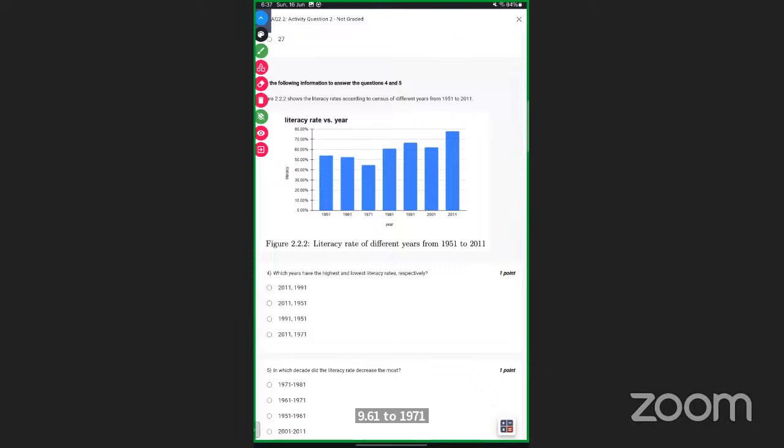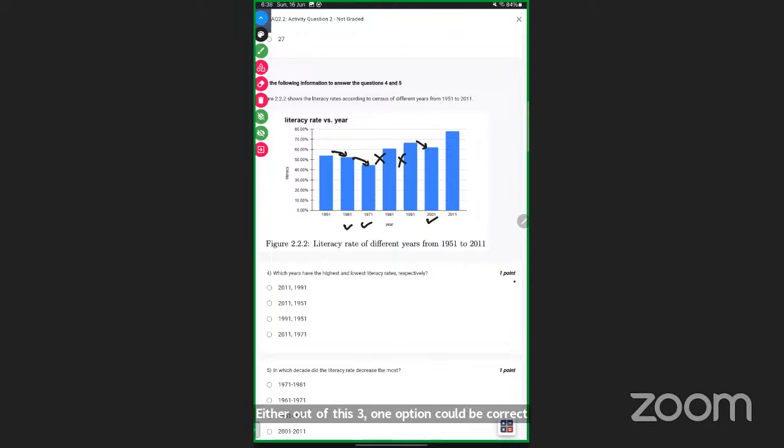So you see the decrease here, there is no decrease here, and here also there is no decrement. Here there is a decrement. So out of these three, one option could be correct.